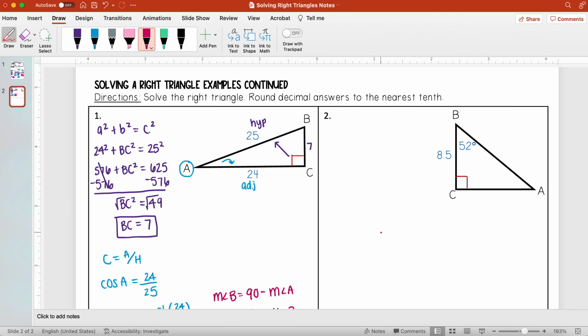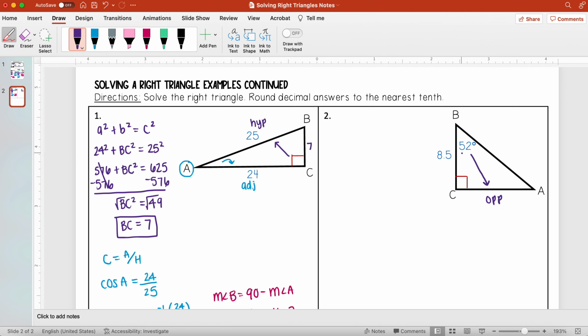Okay, let's look at one last one. So here I want to find two sides and an angle measure. I am given one angle measure and one side. And so I want to start with finding my missing sides. It doesn't matter which one you start with. I want to go ahead and start with finding AC. And so I see, according to my angle 52 degrees, AC is my opposite.